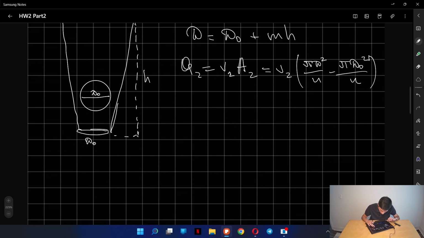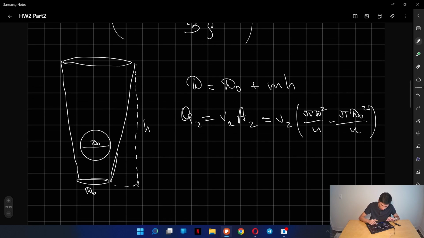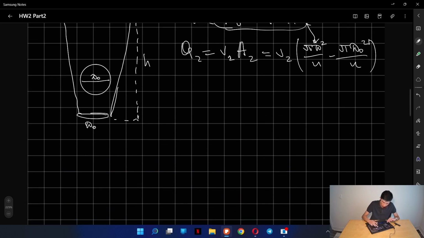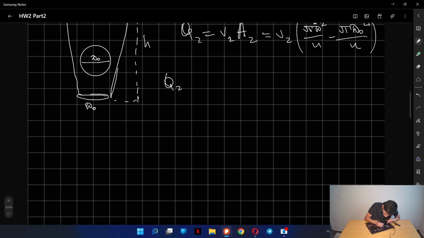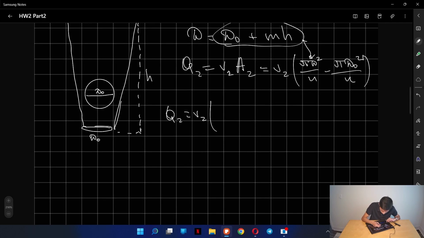So now I'm going to take this equation and plug it in instead of d here. So my Q2 is going to be equal to V2, the velocity at point 2, times pi over 4 times d0 squared plus 2mhd0 plus m squared h squared minus d0 squared.